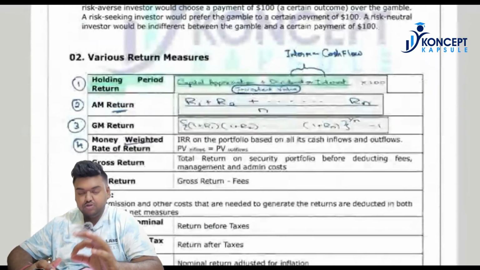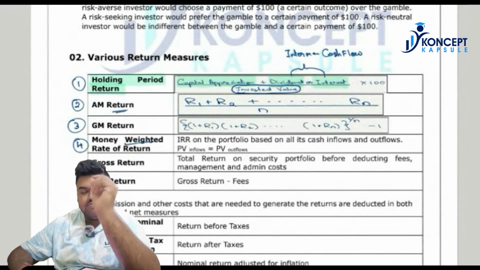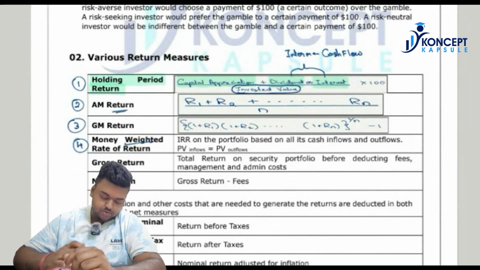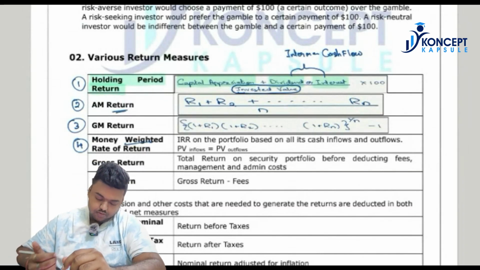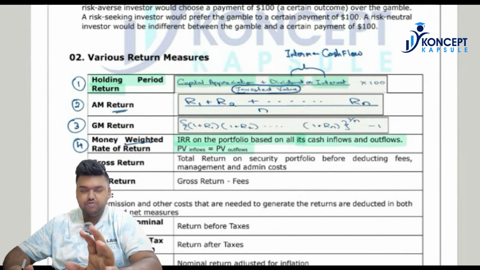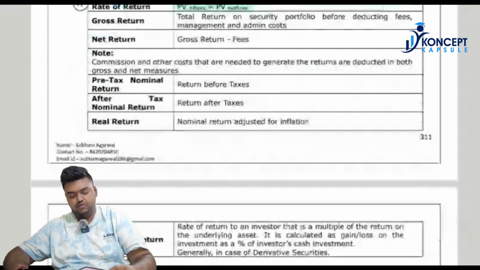It takes into account how much of investment has gone into it, and how is it computed. It is computed as the IRR of the portfolio based on all cash inflows and outflows. Present value of cash inflow should be equal to the present value of cash outflow.